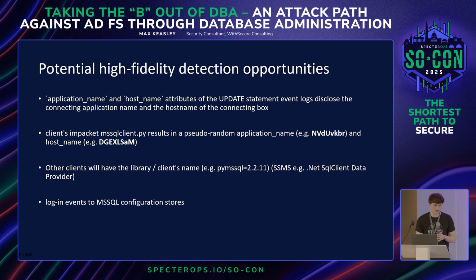It's probably useful for red teamers to know as well. If you're using mssqlclient.py offensively, it's good to change that in the source code so you wouldn't have that IOC. You just modify it to hard code as .NET SqlClient Data Provider. Other things would be login events to the actual MSSQL configuration stores. They shouldn't happen very often, and they should be managed.